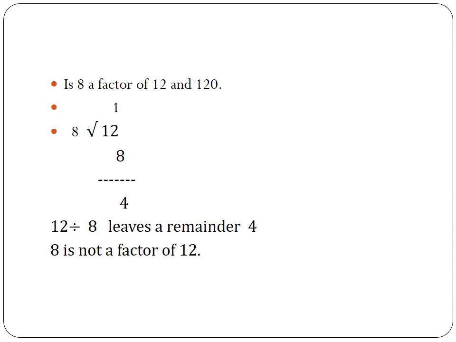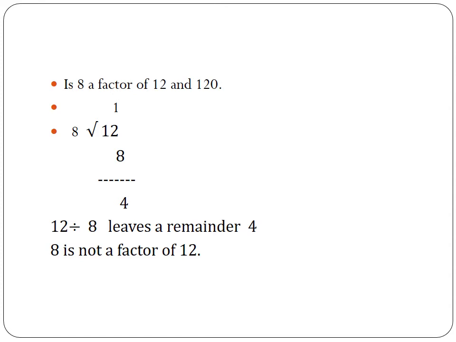Now children, see one more example: is 8 a factor of 12 and 120? How can you find out the factors? By dividing 12 by 8 and 120 by 8.